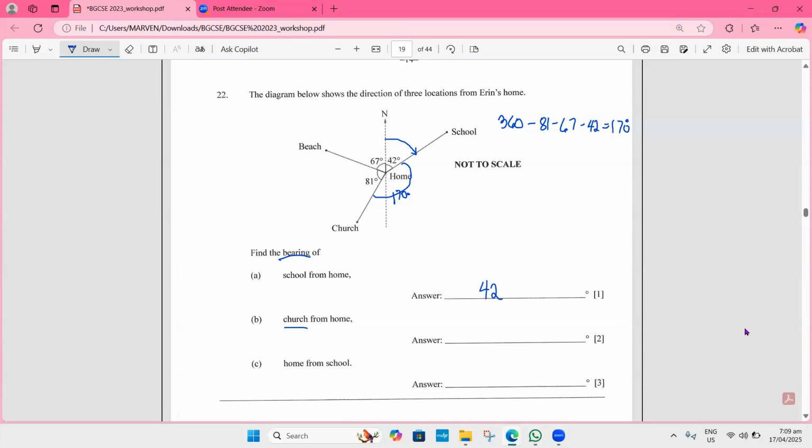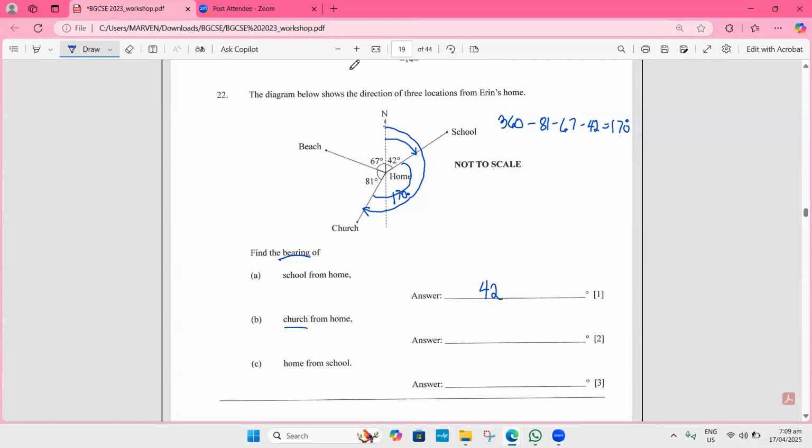Now, if we want to know the bearing of the church from home, that means from north going to the second location, which is the church. It is always from north in clockwise direction. So it is 170 plus 42, or 42 plus 170, correct?